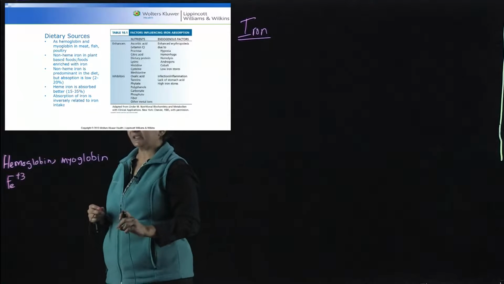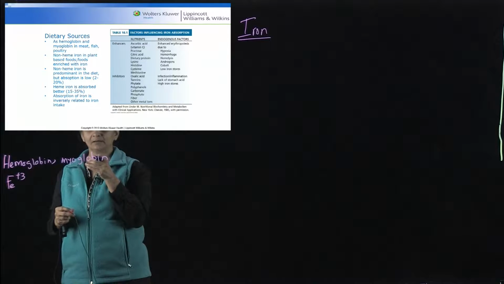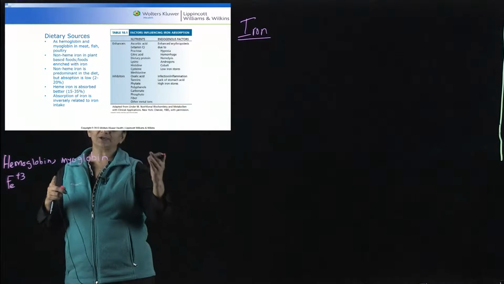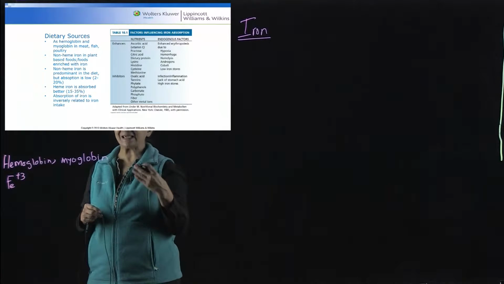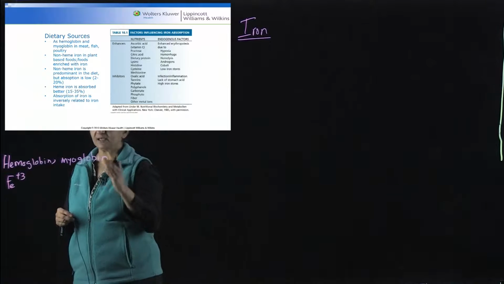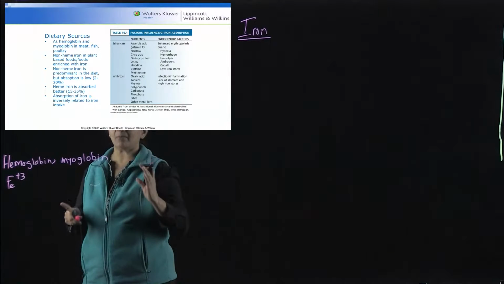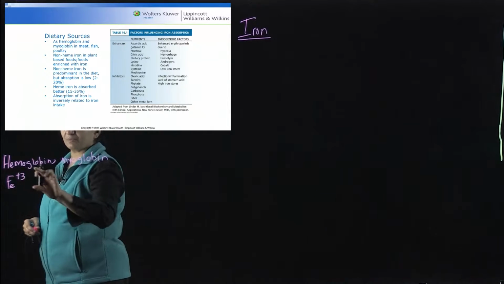Now, in general, the dietary iron is kind of divided into two categories. One is called the heme iron, that is the iron that is part of the heme molecule, which also is part of hemoglobin.